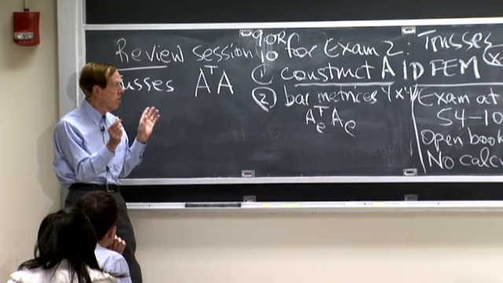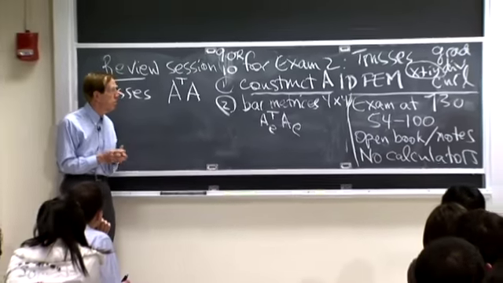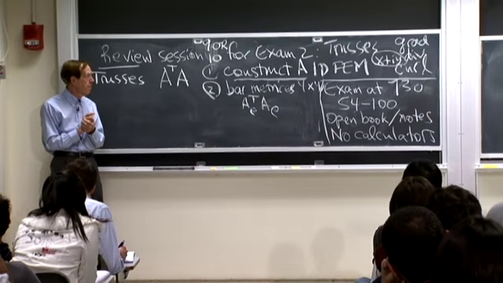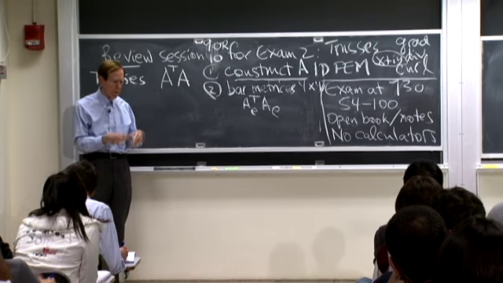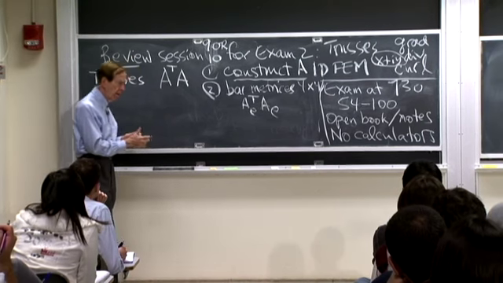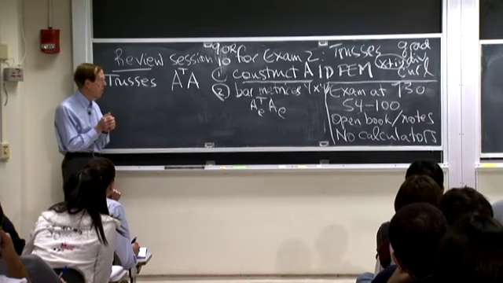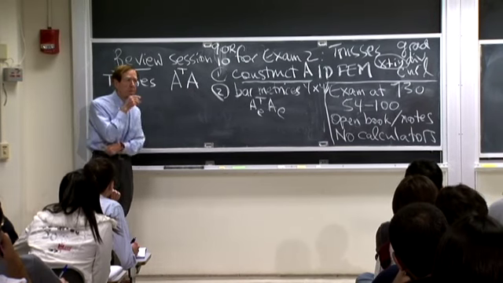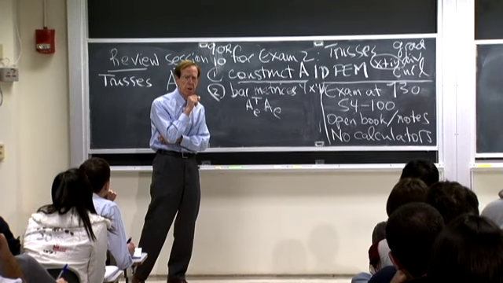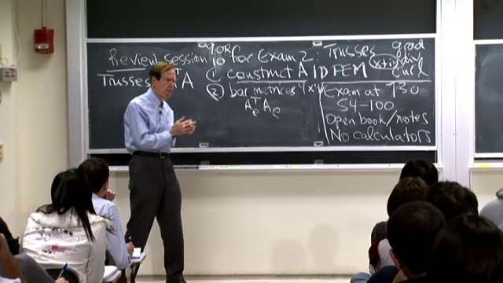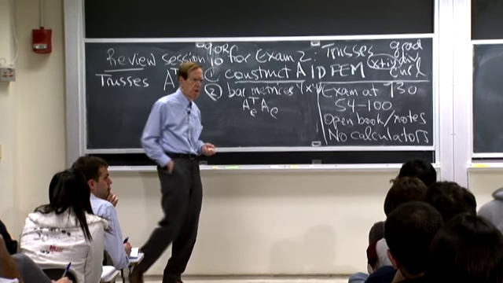And of course, the other part of trusses, the fun part, is to be able to recognize solutions to AU equals 0, possibly by looking at the truss more than by solving AU equals 0. Any particular example of a truss that I should look at just to pin this down? Any favorite trusses? There was an exam question.